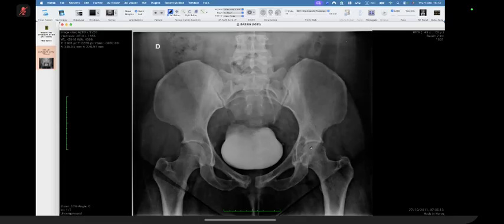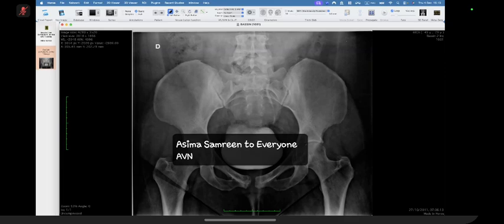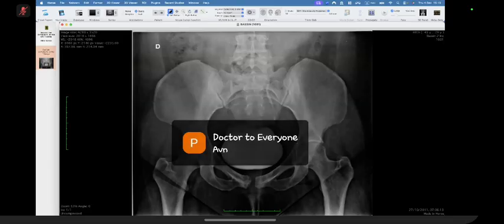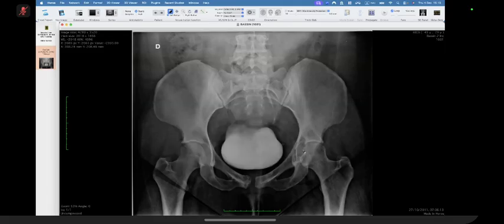Now look at the left femoral head. Does that look good? Look at the right acetabulum. Look at the left acetabulum. Look at the bone density here, and look at the bone density there.